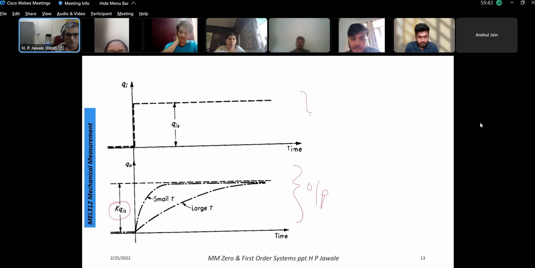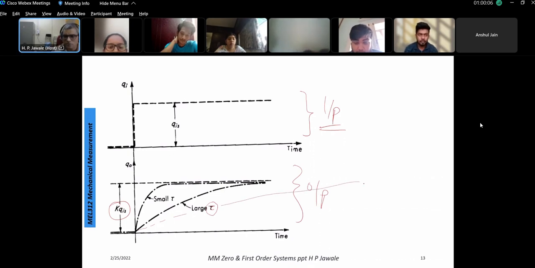Depending on the first constant, tau, the response of the system, if a large time constant tau is required, we find that it will be slow. It will take longer time to come to the settled value. A smaller value of tau will give a quick settlement of the output of the instrument.